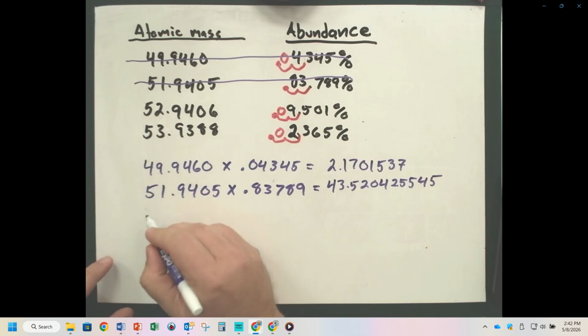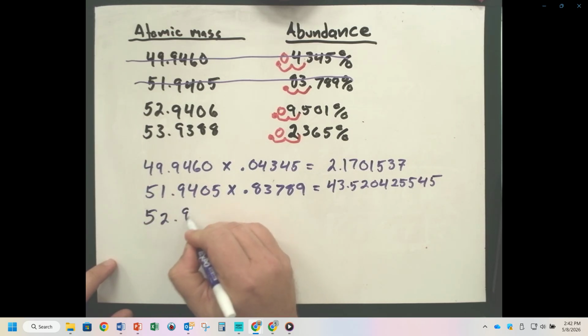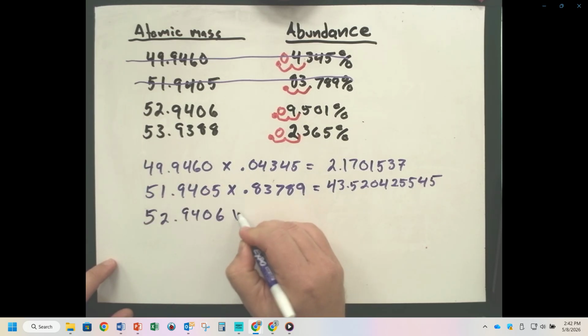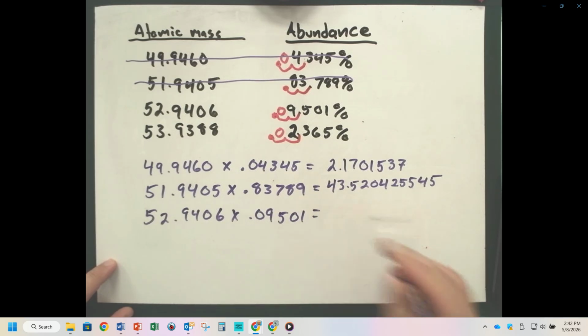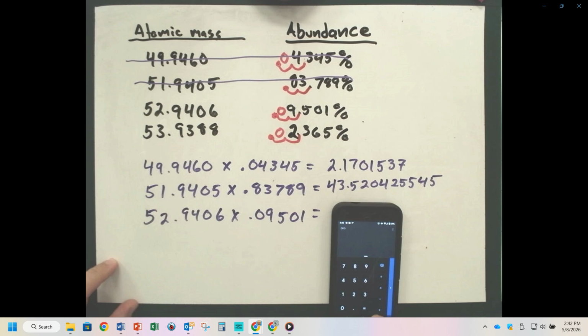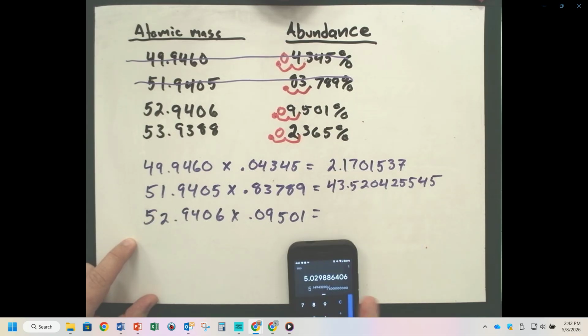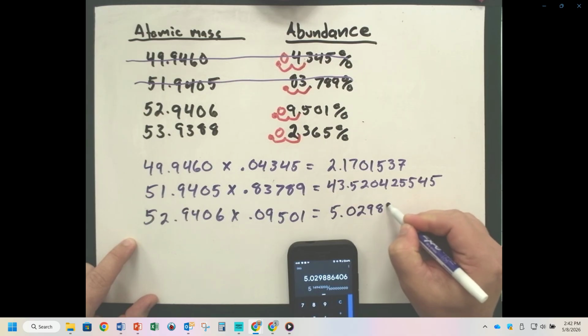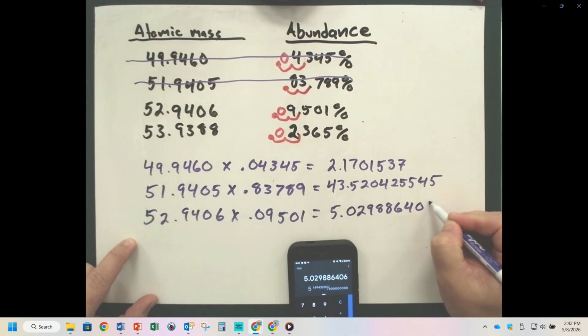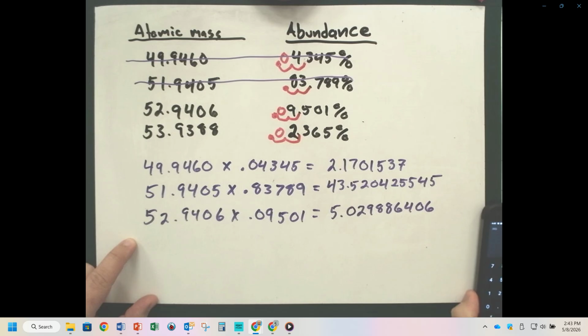So now I'm going to do the next one. 52.9406 times 0.09501 equals, so again the calculator, 52.9406 times 0.09501 equals 5.02988646, and I'm done with that one.